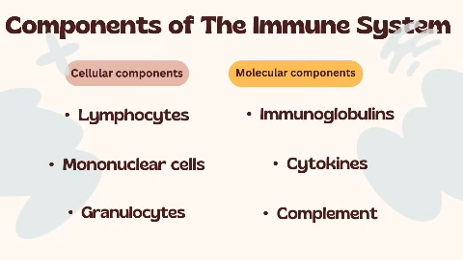Mononuclear cells. The mononuclear phagocyte system has two specific functions: phagocytosis of foreign material and processing and presentation of antigens to T cells by antigen-presenting cells. Phagocytosis is important in non-specific clearance of foreign antigens.